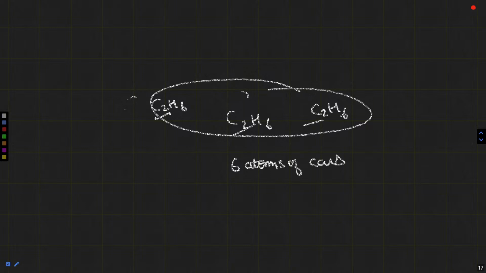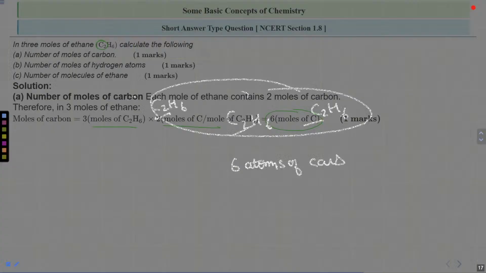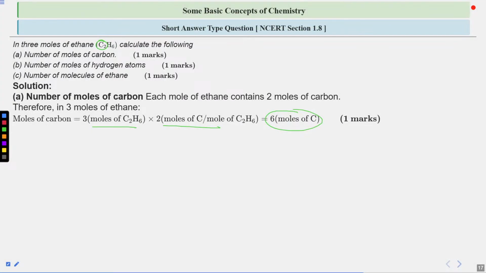So for each ethane you are getting a contribution of 2 carbon. In this question you have 3 moles of ethane, so a similar thing can be applied here. That means 3 multiplied by 2 will give you 6 moles. Clear? You got my point now?